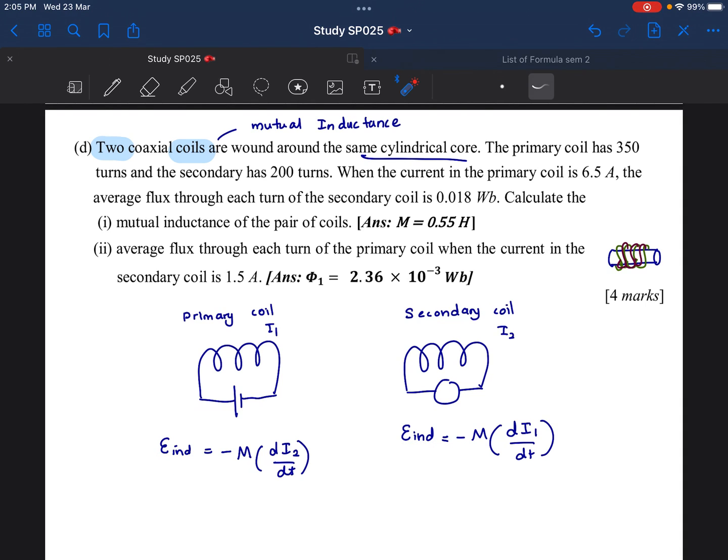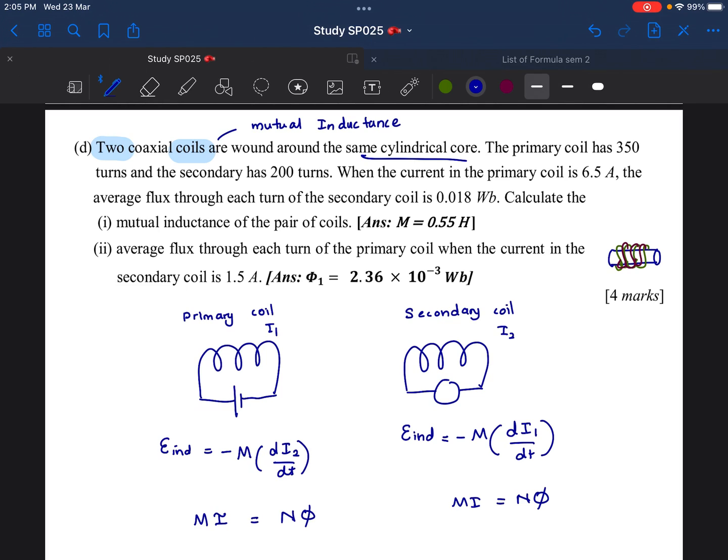What is another formula that you could use for mutual inductance? This one you just remember, the formula is called as M I = N phi. Untuk ini, semua quantity belongs to them kecuali current saja, current kawan sebelah punya.